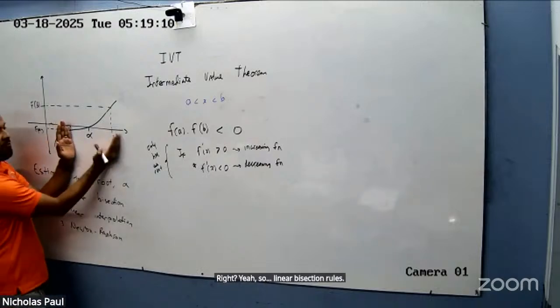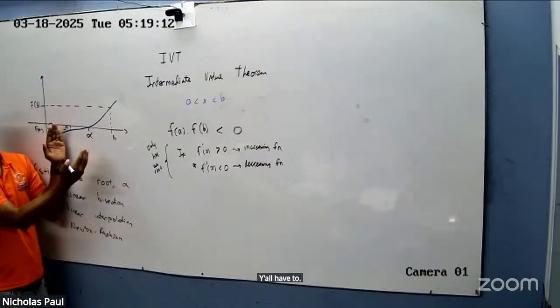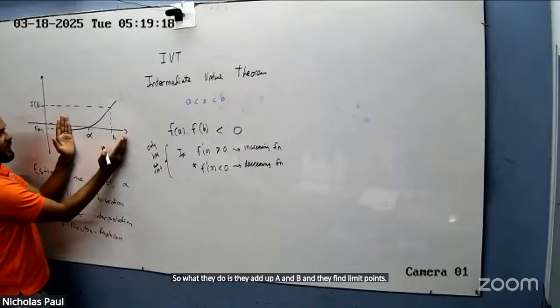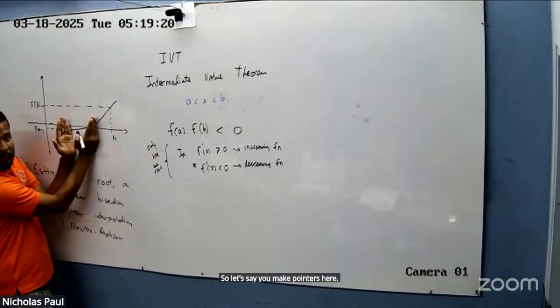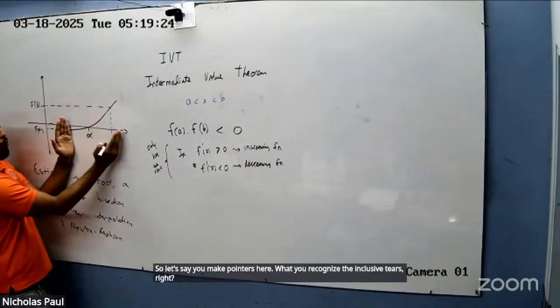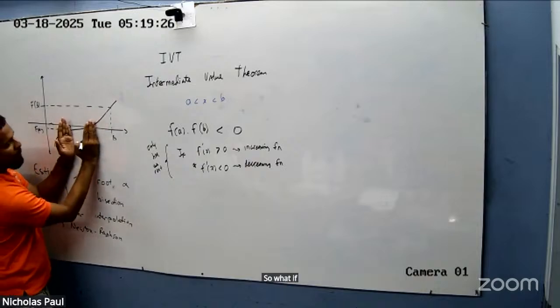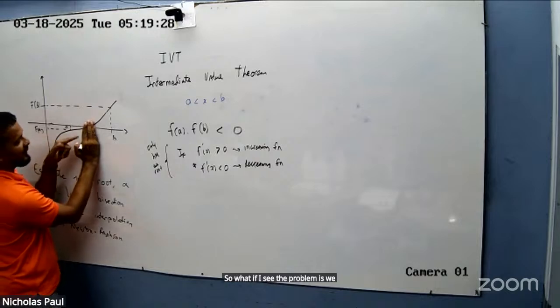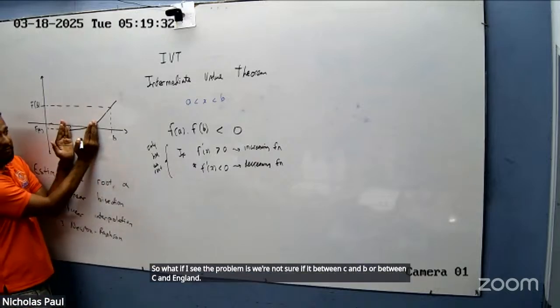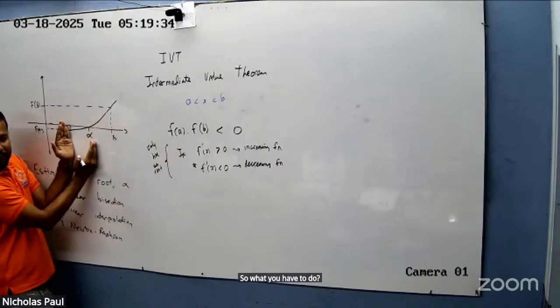You have two points, A and B, and you add them up and find the midpoint. So let's say the midpoint is here. You're getting closer to it. When you find C, the problem is we're not sure if the root is between C and B or between C and A.